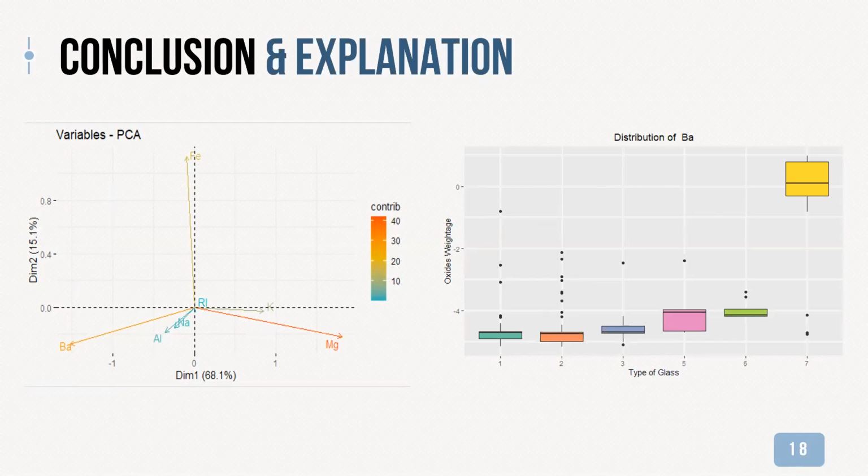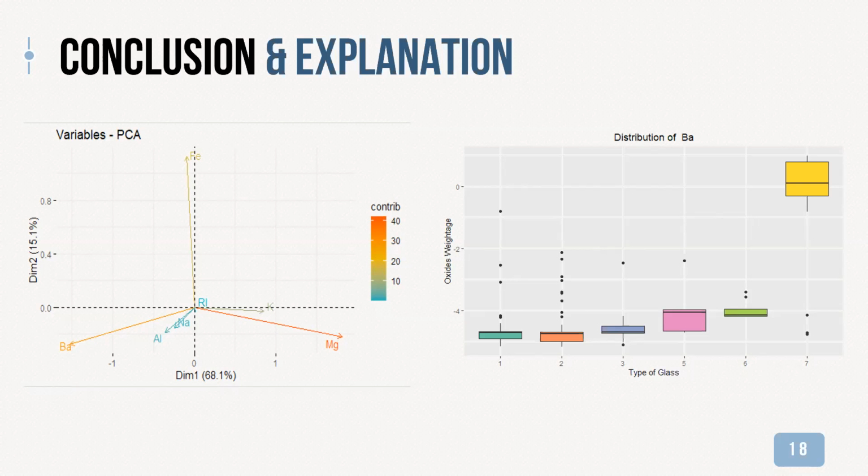The reason type 7 glass can be easily separated by PC1 is, as we can see from the figure on the right, originally the type 7 glass has a high percentage of barium, so after the centered log-ratio transformation, we got a very high numerical value in the Euclidean space.